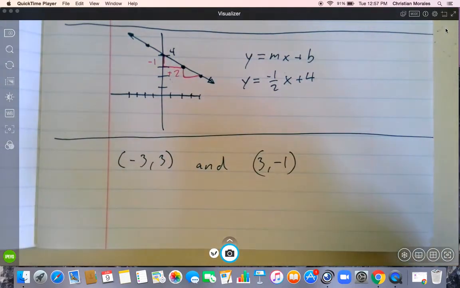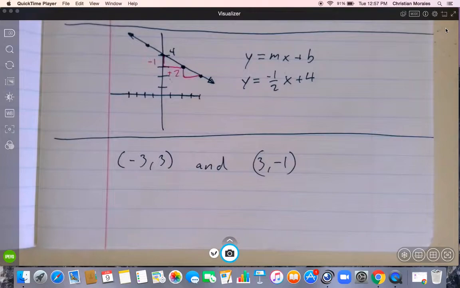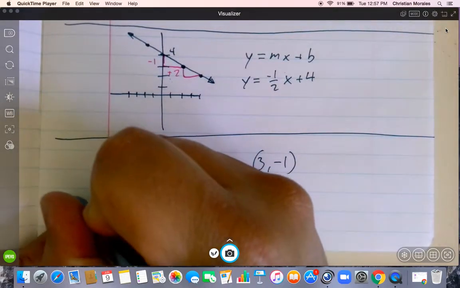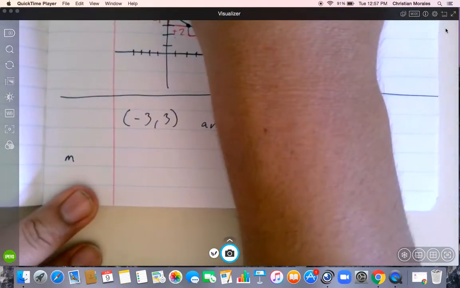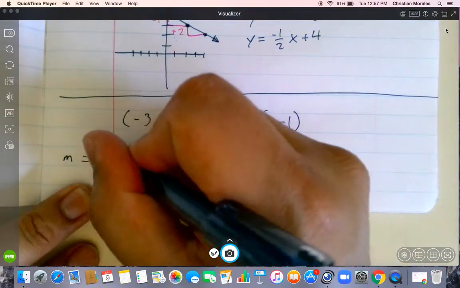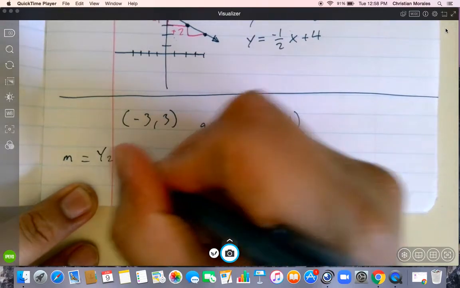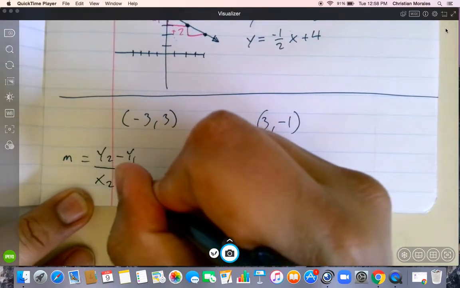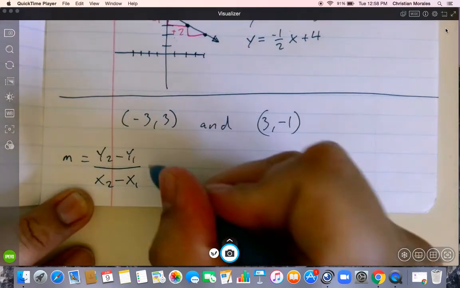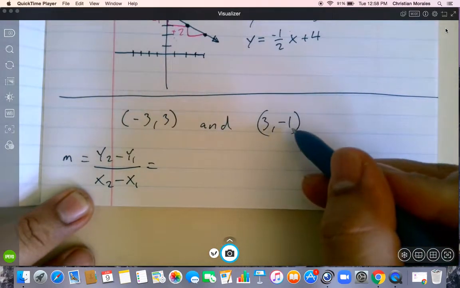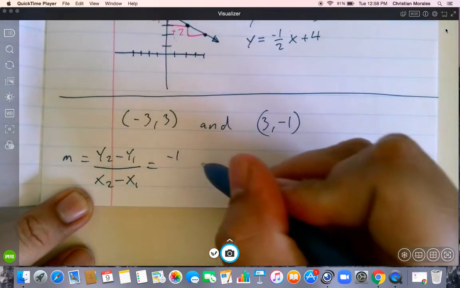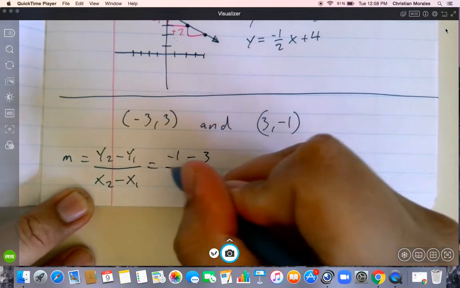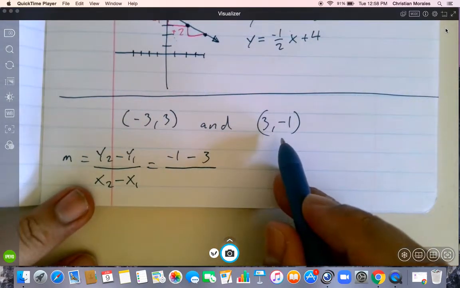All right, now that's graphing. What if there is no graph? Okay, if there is no graph, you have to use the formula again, the slope formula, the one we talked about earlier. y2 minus y1, x2 minus x1. I'm going to do this a little faster. So these are my x and y2. If you're not sure how I'm doing this, go back and look at the first lesson.